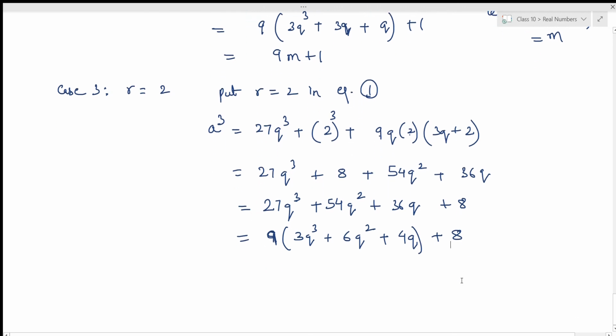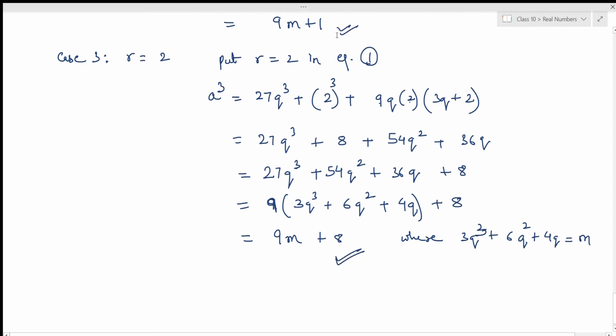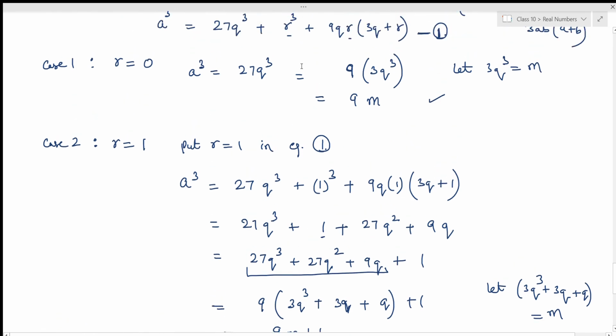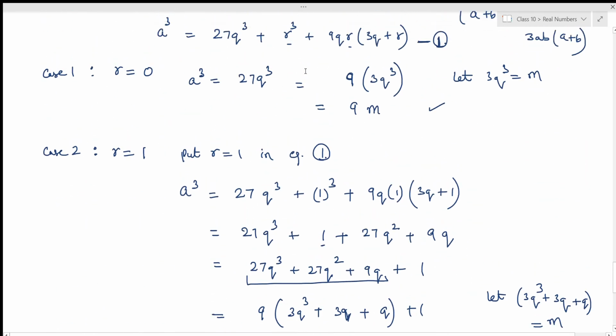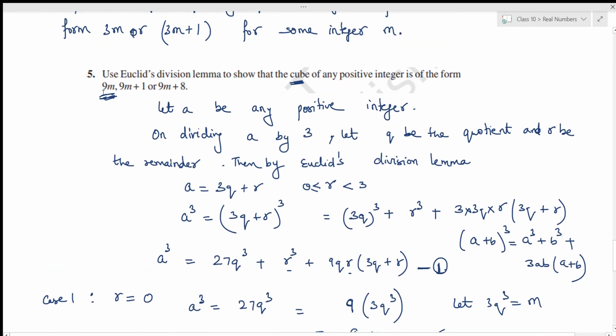Again, this is 9M plus 8, where 3Q cube plus 6Q square plus 4Q is M. So I have represented these in terms of 9M plus 8, 9M plus 1, and the previous one was 9M. So we have done all that is asked in the question: you have to represent them in the form 9M, 9M plus 1, 9M plus 8.